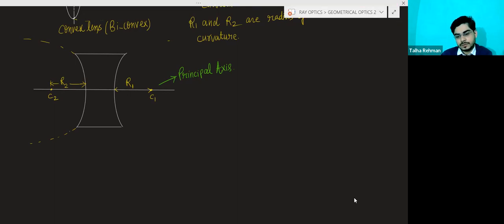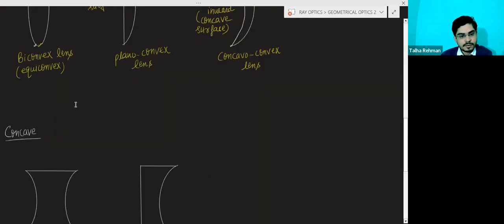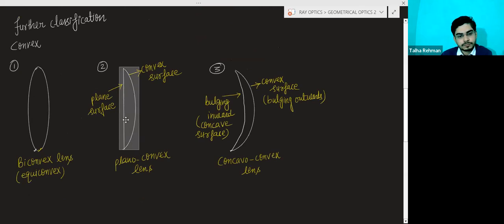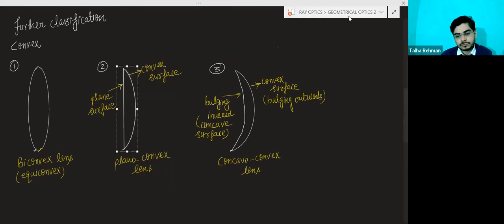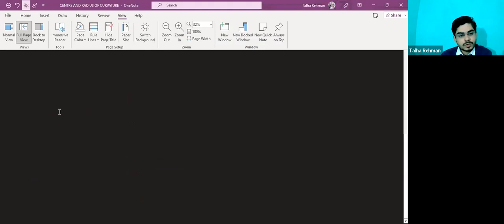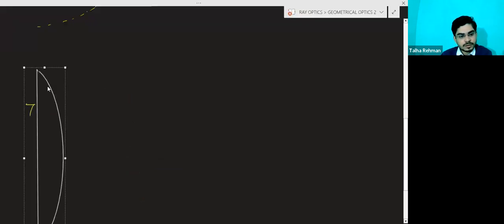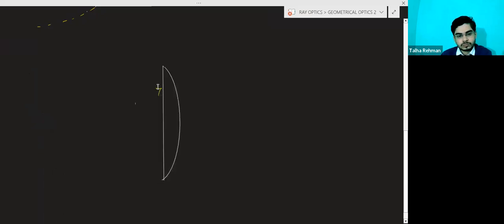Okay. Suppose you have this type of lens. Now this is the plane surface and this is the spherical surface.